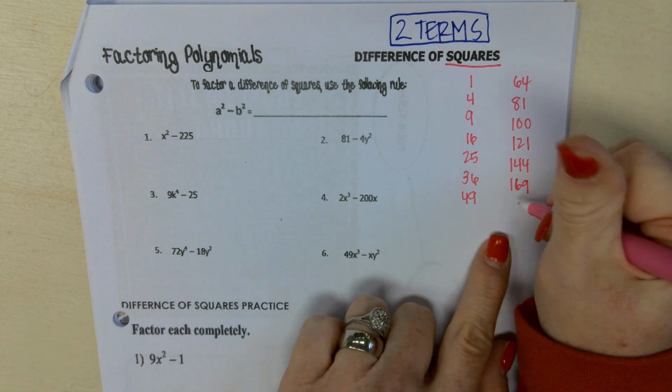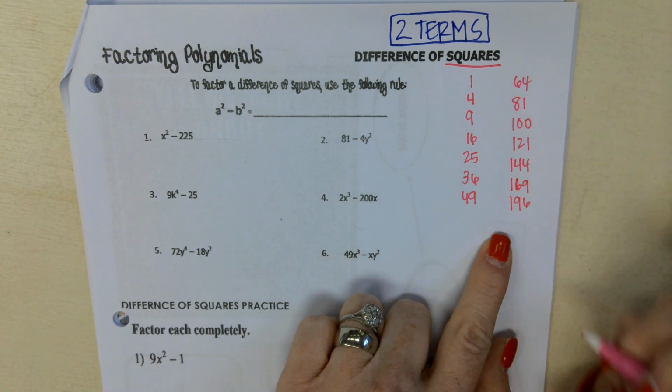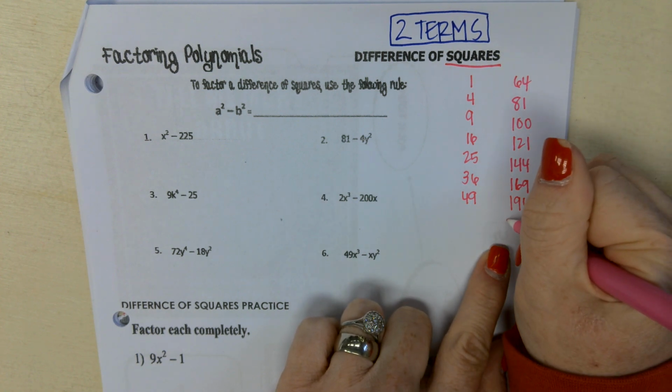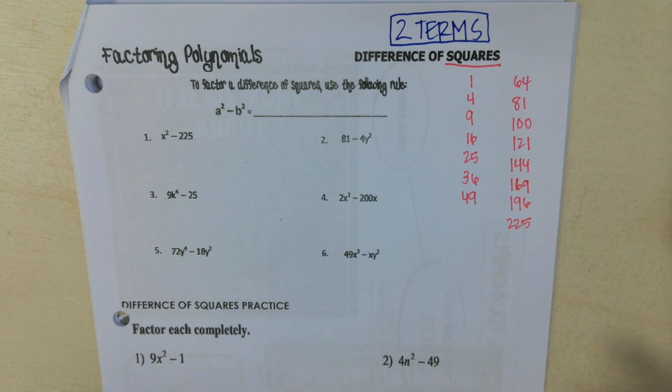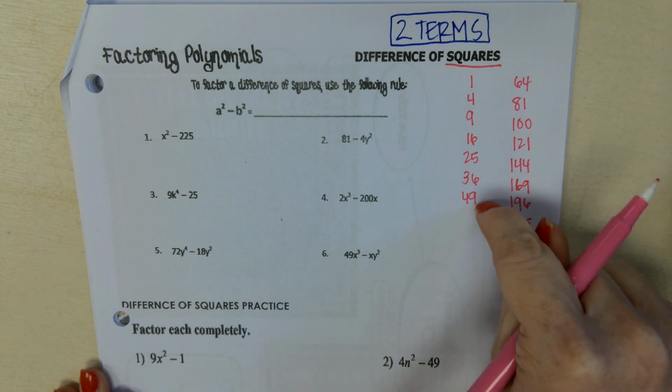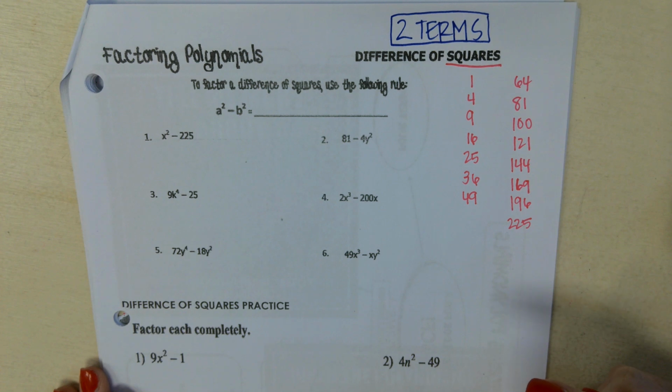So 14 times 14, I think, is 196. And then 15 times 15 is 225. These are the perfect squares, 1 through 15. You need to be able to recognize your perfect squares. Yeah, you're right, 196. Okay, perfect.